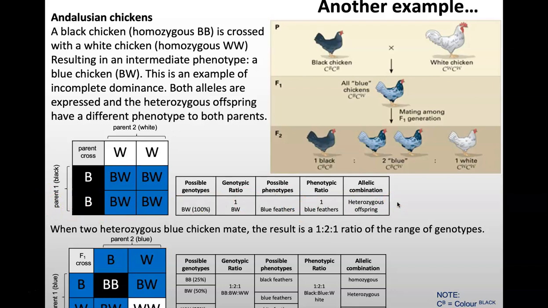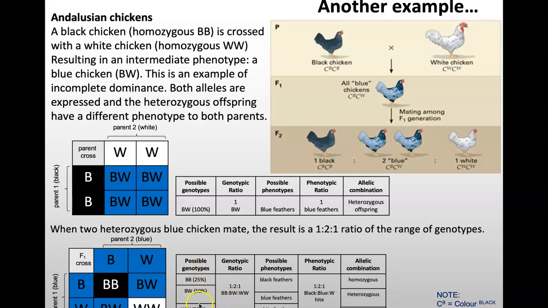Here, just like with the snapdragons, if we cross the 2 heterozygous F1 offspring, the blues, BW and BW, then we again get the same pattern, 25% matching one of the parents, the other 25% WW matching the other parent. And then we have those 2 intermediate phenotypes again, the heterozygous phenotypes.